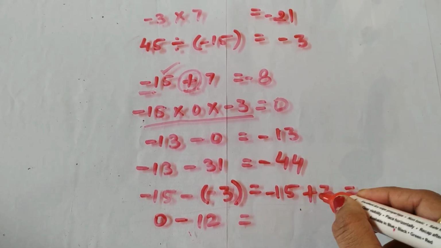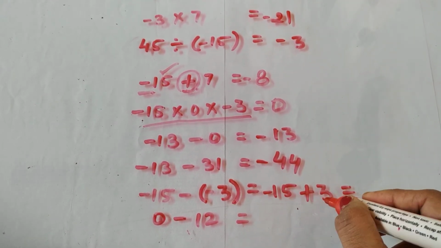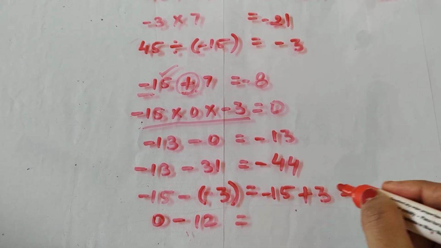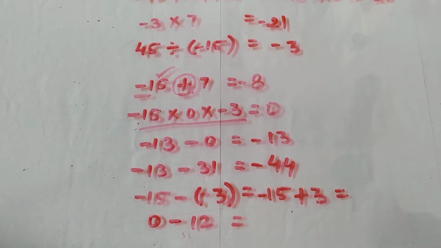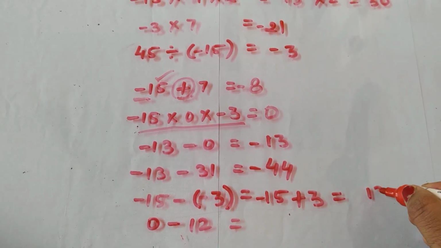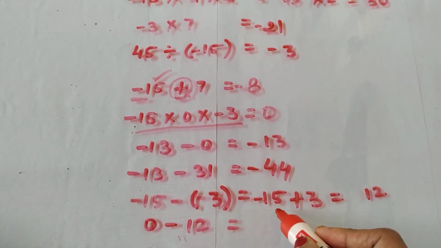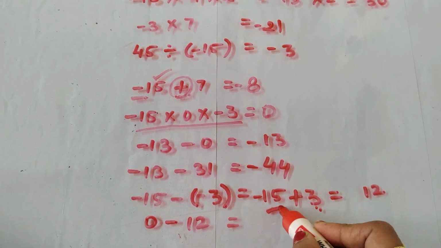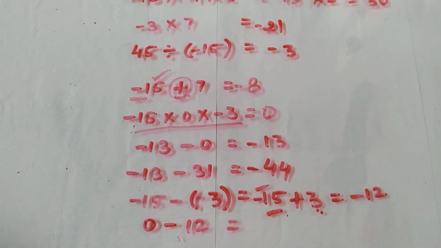Whenever both are different, we always subtract. 15 minus 3, smaller from larger, so it is 12. Which is greater between them? 15, so the sign is negative.